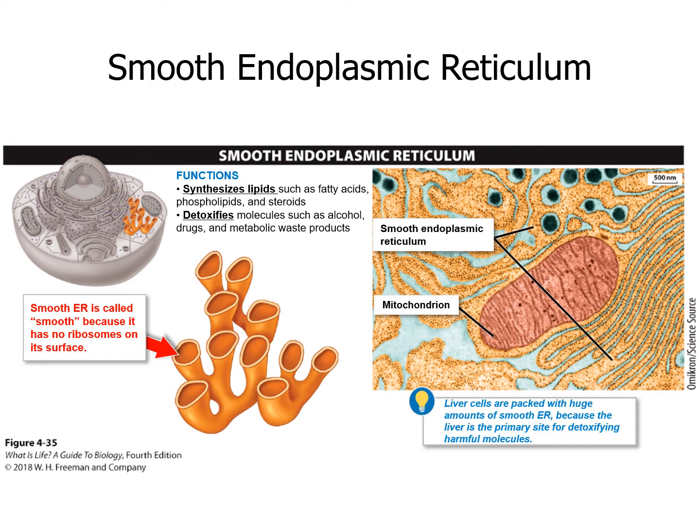The smooth ER, in comparison, has the function of synthesizing lipids, or you can think of those as fats, such as fatty acids, phospholipids, and steroids. It also serves the purpose of detoxifying molecules such as alcohol, drugs, and metabolic waste products. And it is called smooth ER because it does not contain any ribosomes on its surface.